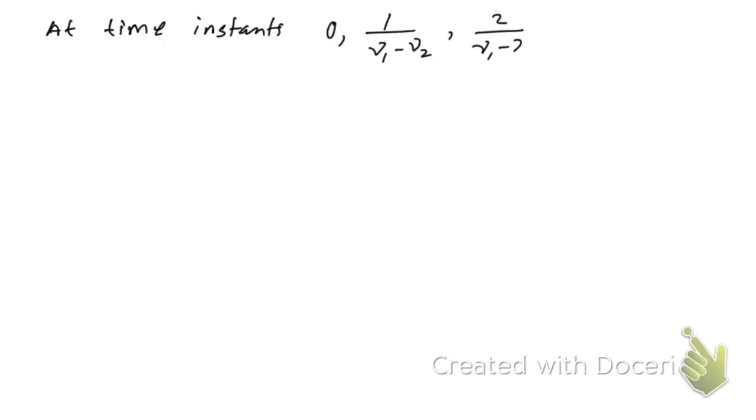That means at time instances 0, 1 by (nu 1 minus nu 2), 2 by (nu 1 minus nu 2), etc., the resultant amplitude will be maximum. Okay, let me write it properly.